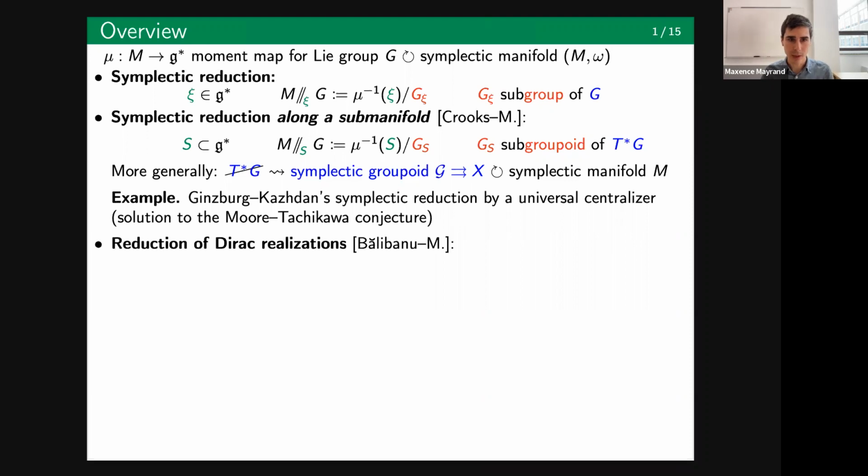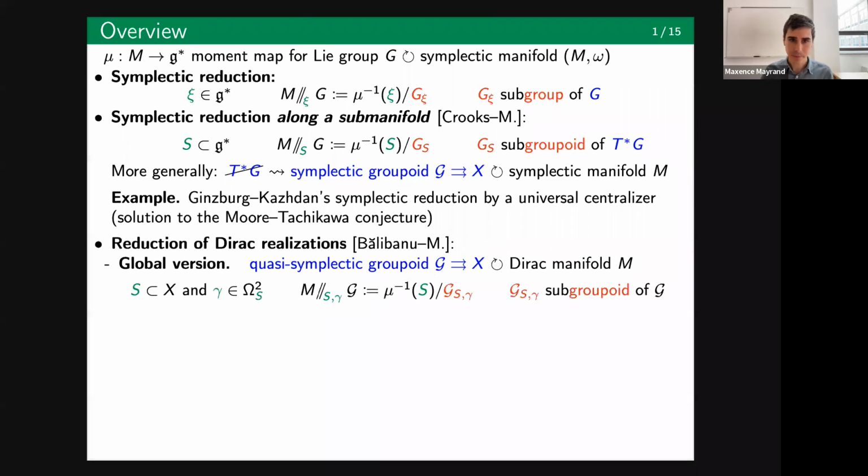Then with Ana, we developed a generalization for Dirac realizations. First of all, there's a global version, which is a direct generalization of that, where we replace symplectic groupoids by quasi-symplectic groupoids, meaning the integration of a Dirac manifold. Just like Poisson manifolds integrate to symplectic groupoids, Dirac manifolds integrate to quasi-symplectic groupoids, sometimes called twisted pre-symplectic groupoids.